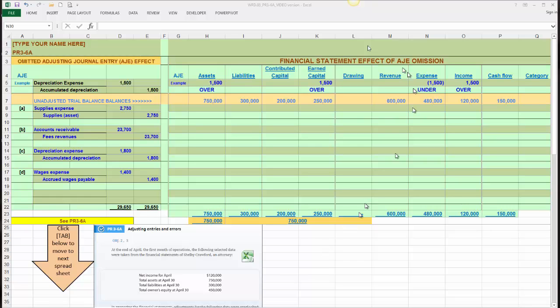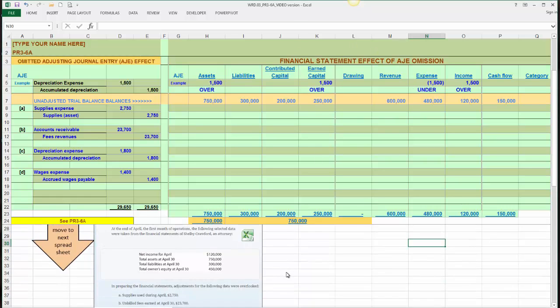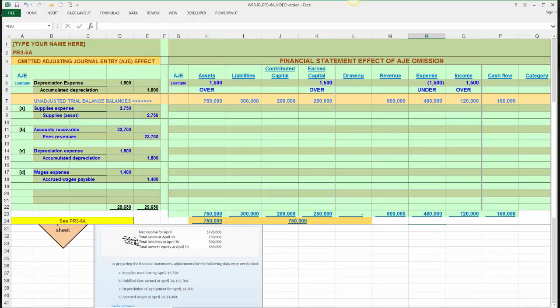What is the omission? According to the exercise, you have a company that had net income for the month of April of $120,000. It had net assets of $750,000, liabilities of $300,000, and it had total owner's equity of $450,000, which in this exercise we have broken into $200,000 of contributed capital and $250,000 of earned capital.